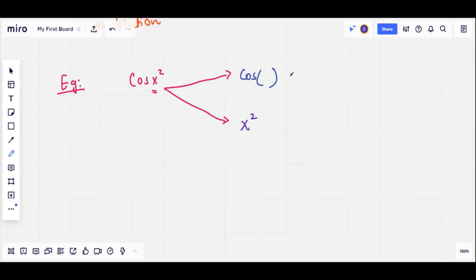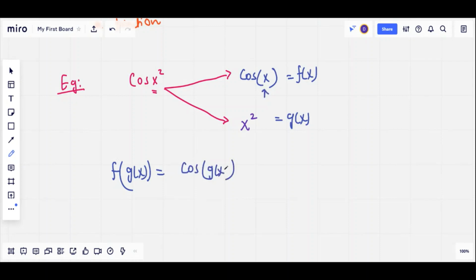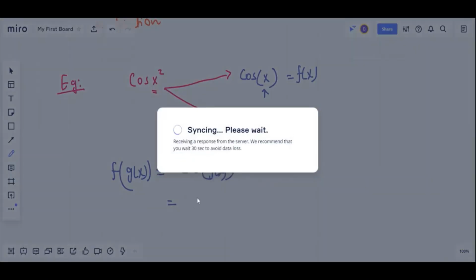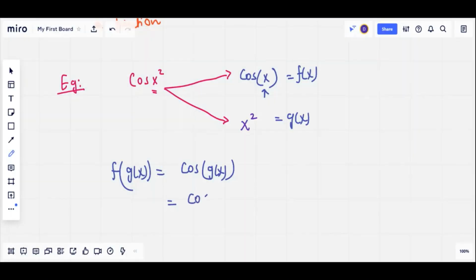If we write f of x as cos x and g of x as x square, then for f of g of x we replace the x in f of x by g of x, and g of x is nothing but x square. So this is the composition of f and g.